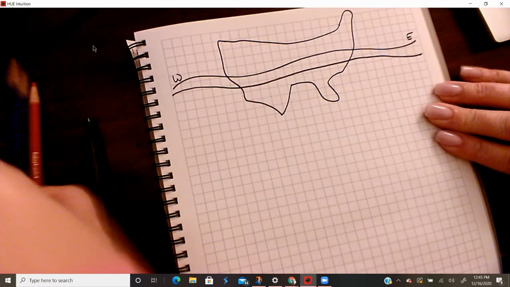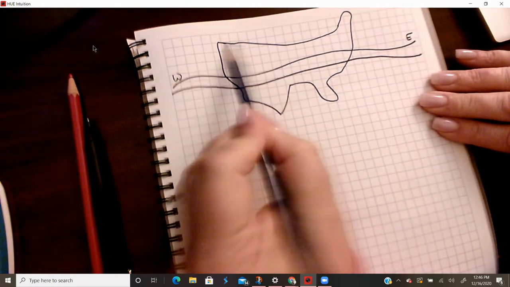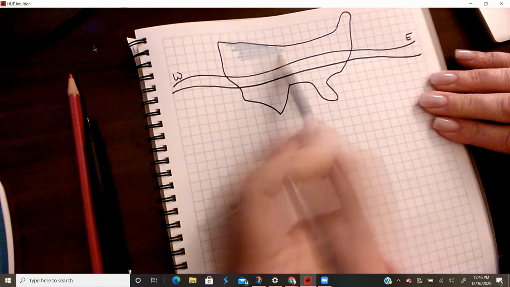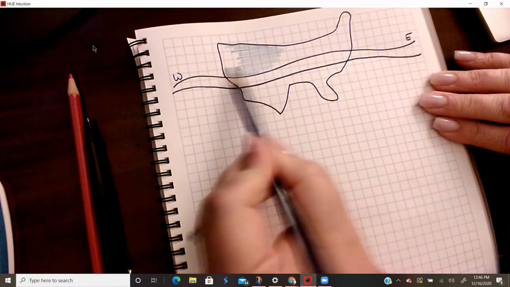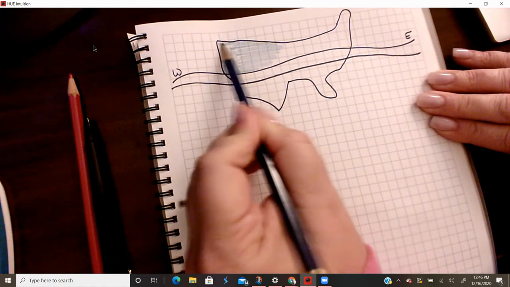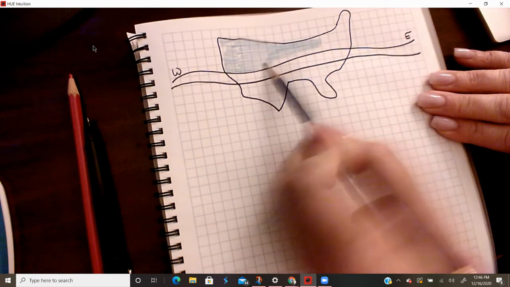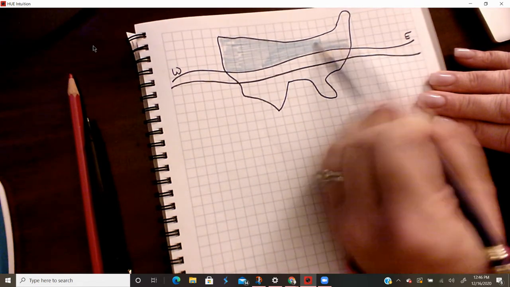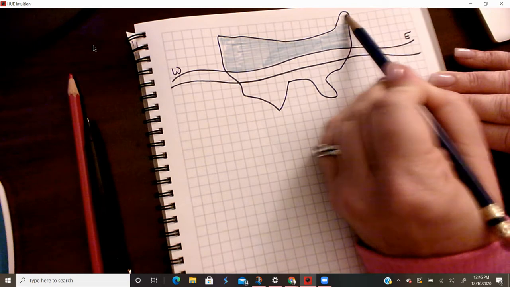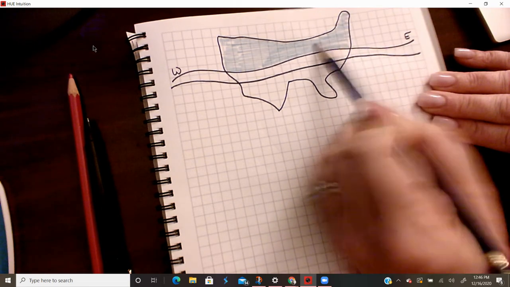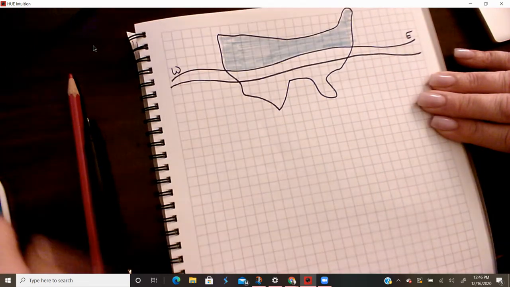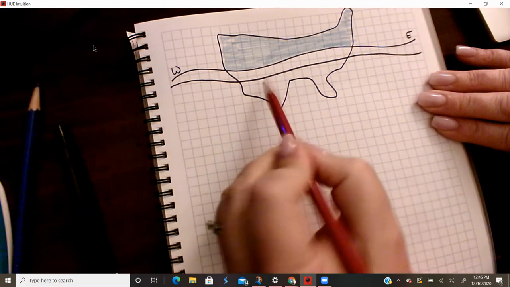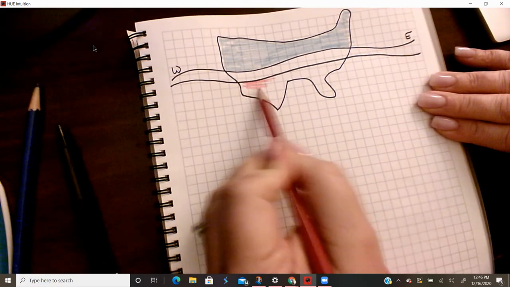Remember that above the jet stream, you have very, very cold air, right? And also below the jet stream, you're going to have very warm air. And I'm shading in above the jet stream in blue. And I'm shading below the jet stream in red.